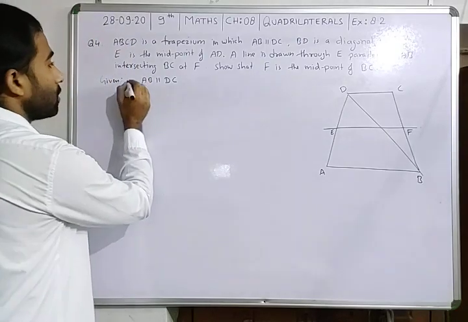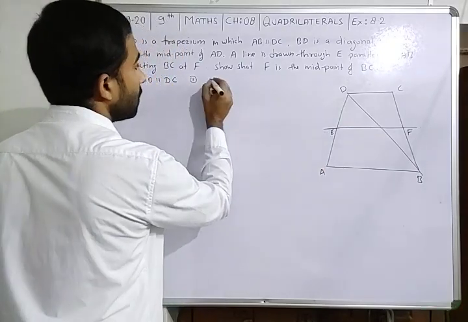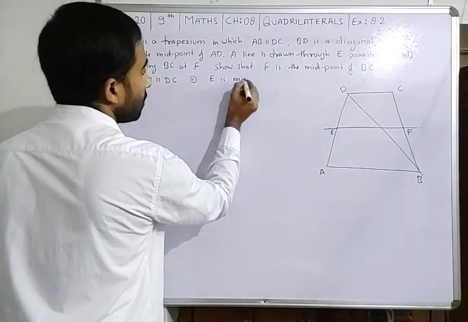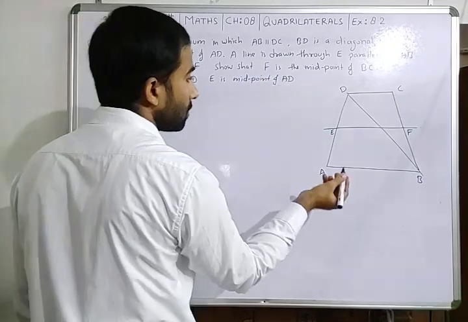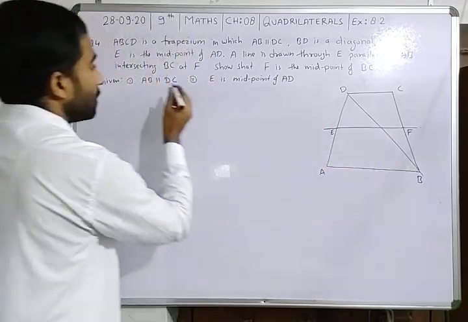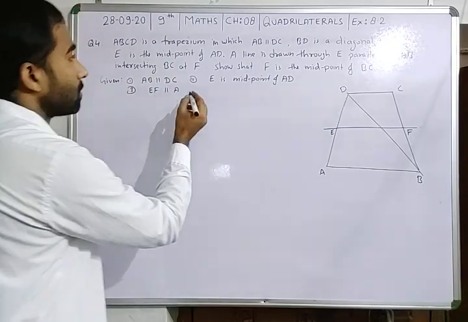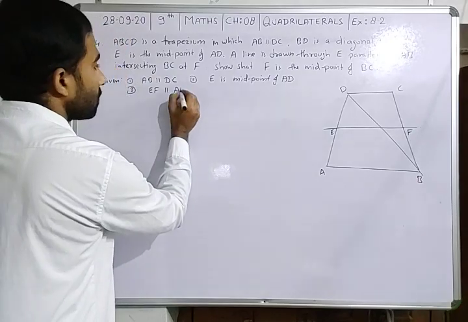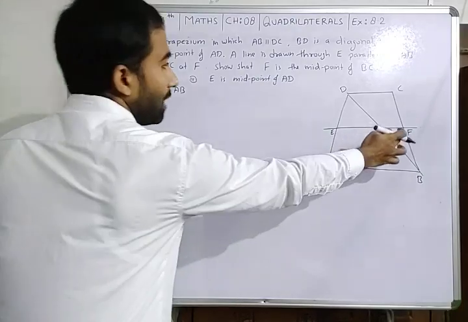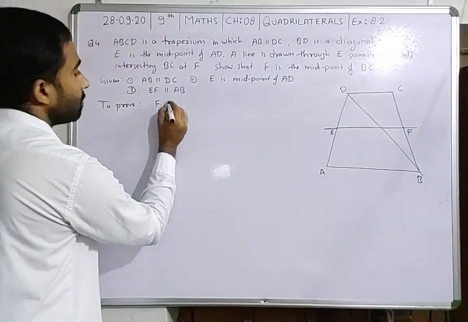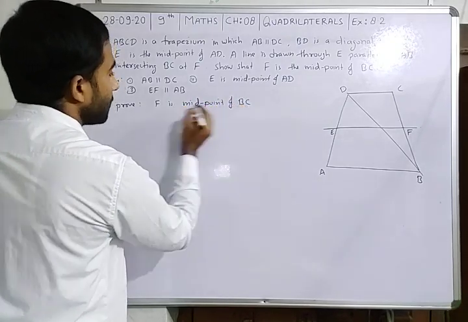This is the first point given. Second point, E is the midpoint of AD. Third point, EF is parallel to AB. Now to prove: F is the midpoint of BC.